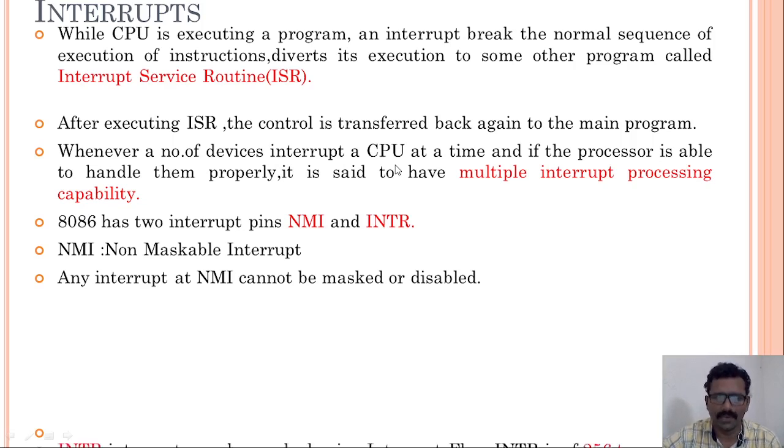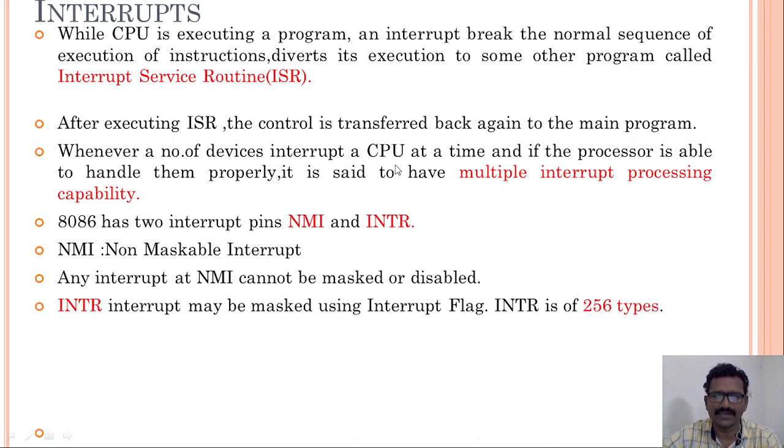We cannot disable it. But INTR, the interrupt request pin, is a maskable interrupt. We can mask it by using a flag in 8086, the interrupt flag. That means we can enable or disable the INTR pin by using the IF flag in the flag register.